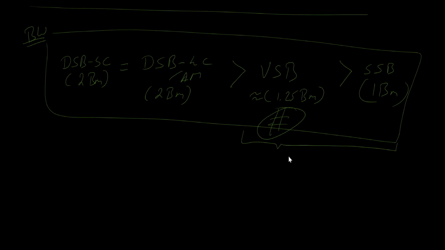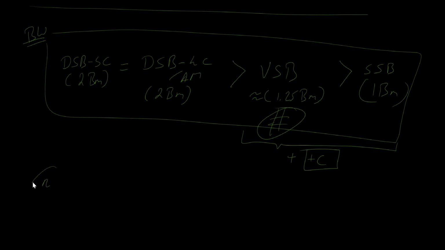Again, VSB and SSB, you can transmit them with carrier or without carrier. So considering them, we are transmitting them with carrier, right? We're transmitting carrier with VSB and SSB. In that case, how does the power efficiency relate across all of these schemes?